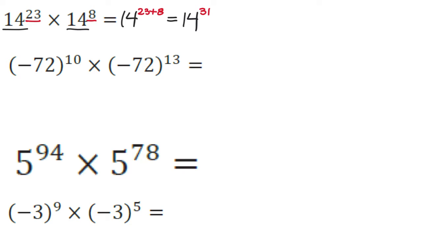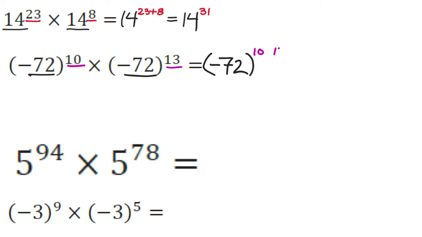Now it's going to work for this negative 72 also. So I see I've got the same base, negative 72, being multiplied. So I'm going to keep my same base, negative 72. It came in parentheses, so I'm going to keep those parentheses as well. But then I had exponents of 10 and 13.